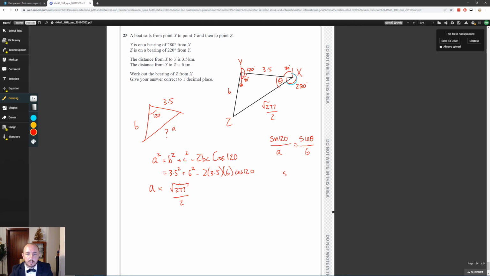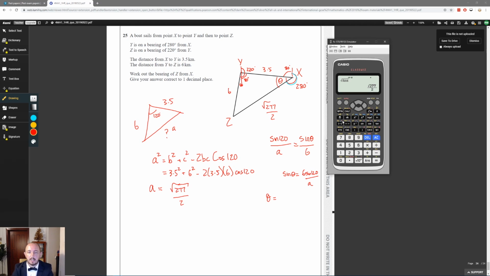So sine theta is equal to 6 sine 120 divided by A, and then theta is going to be the inverse sine of that. Let's store that in A. So that's our A. 6 sine 120 divided by our A value is 0.624, and I'm going to take the inverse sine of that answer to get my angle of 38.6 degrees.